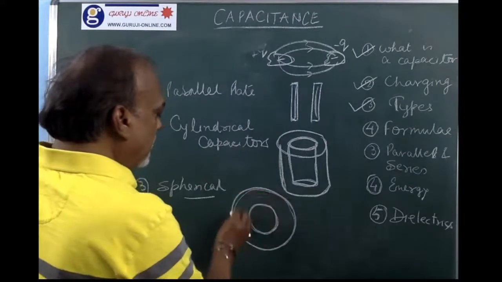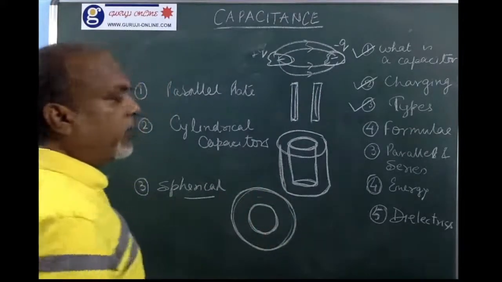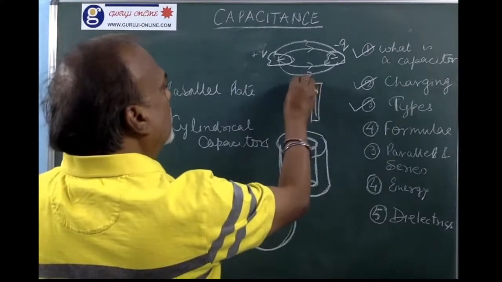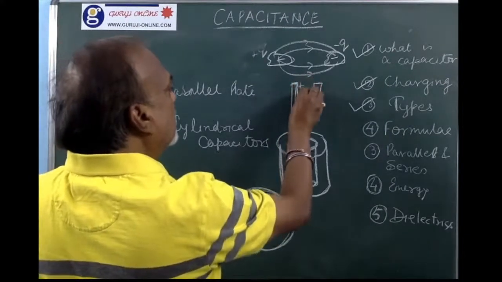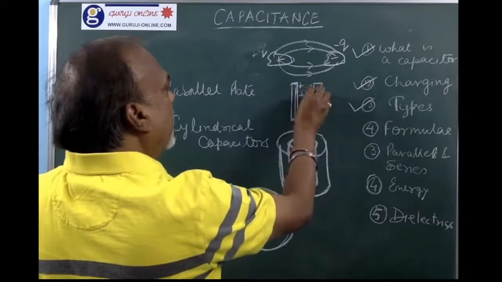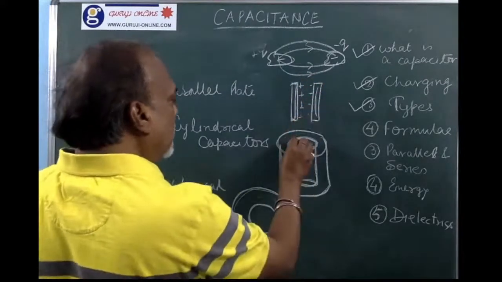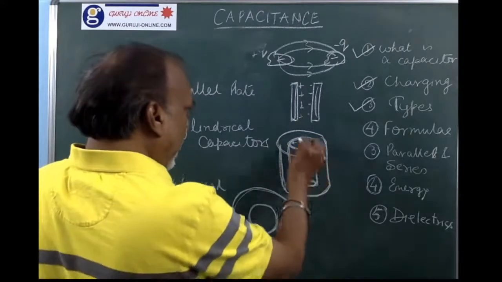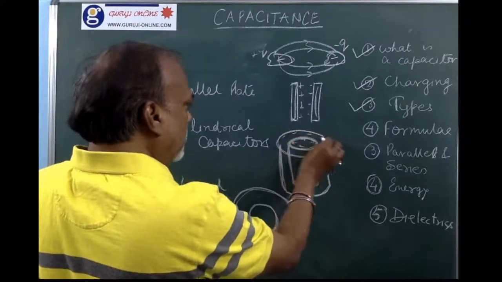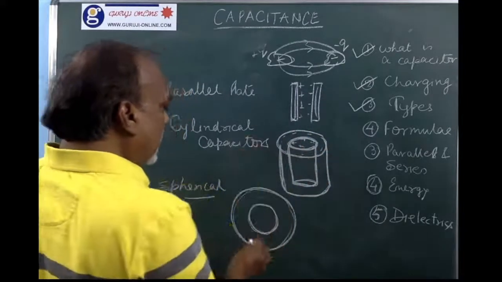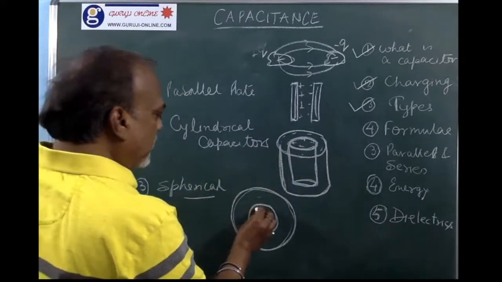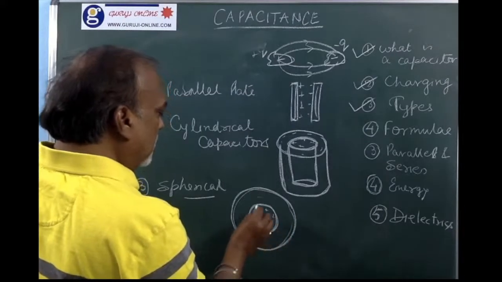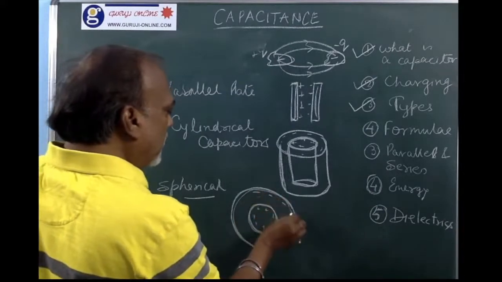This is the inner surface of the outer sphere. So this is also like I told you, this is your plus, here minus, like that. This can be plus and this can be minus, like that. Here this can be plus, this can be minus.